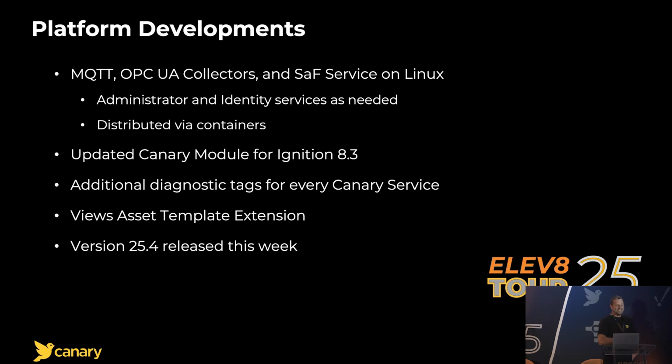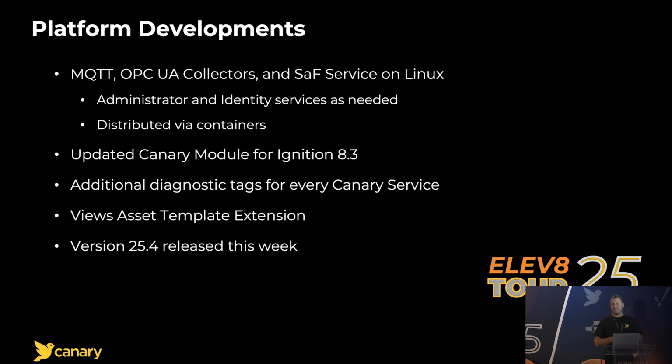Yeah. So I already talked about diagnostic tags. Views asset template extension. In my quick little demo, I showed you all the tags that were defined or that we discovered for a rack. We understand that not all parts of a template necessarily are going to come from a historian tag, and that's what our requirements are today. So we are going to have extensibility in there where you can add your own attributes.